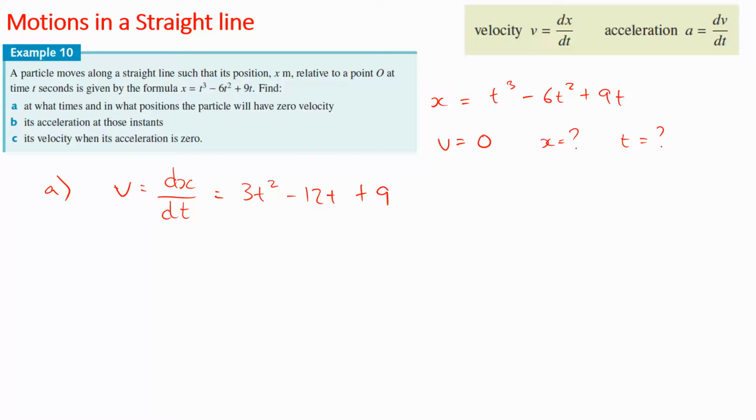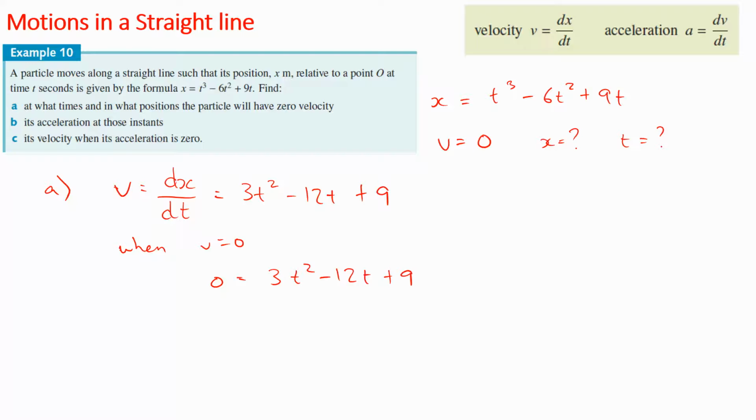Good. So this is my quadratic equation that tells me my velocity, and I want velocity to equal 0. So when v equals 0, you have 0 equals 3t squared minus 12t plus 9.